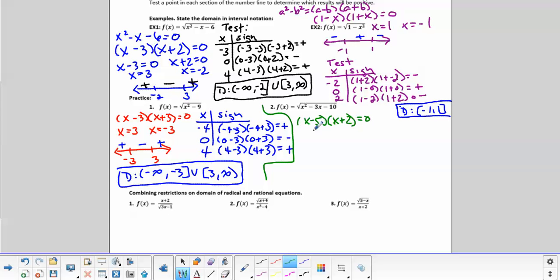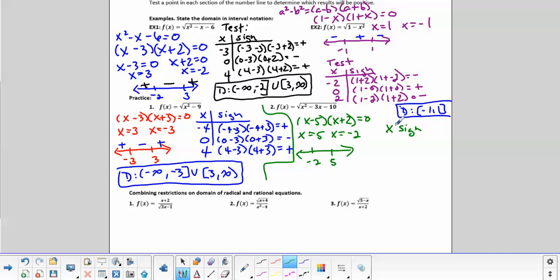So I set each factor equal to 0, and I get x equals 5 and x equals negative 2. Negative 2 and 5.